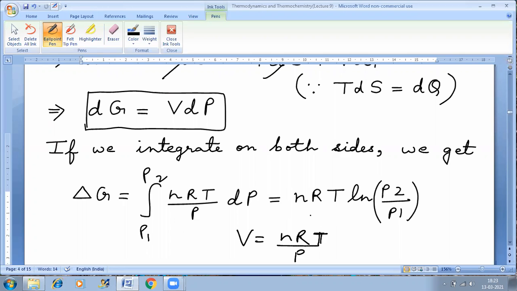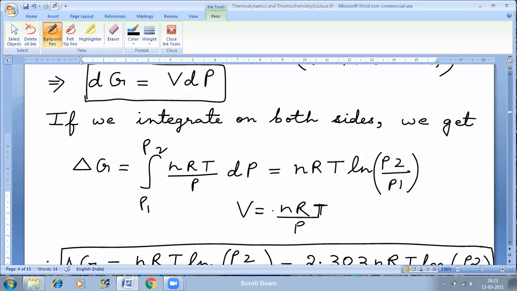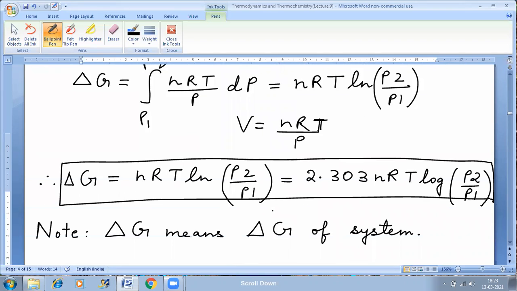This is for an ideal gas undergoing isothermal process. So we can write this. Ln can be converted to log by multiplying by 2.303.